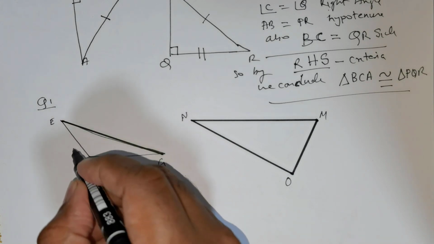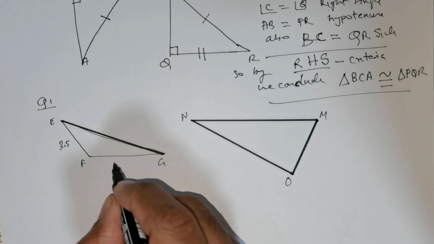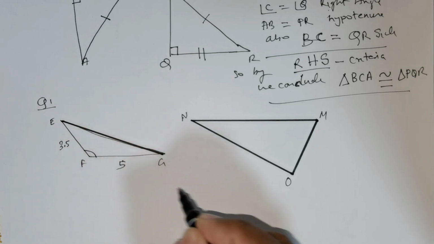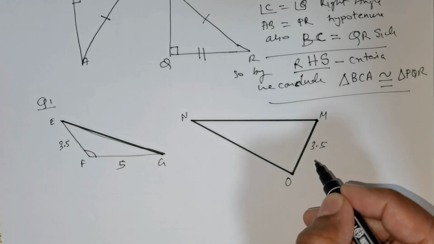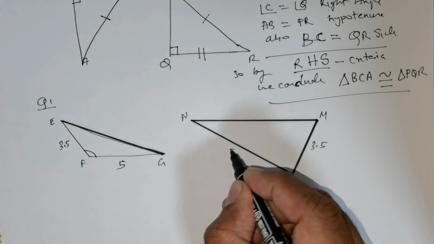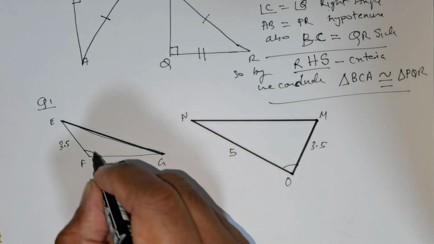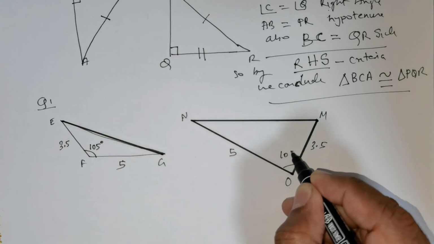So you got, say, 3.5, and you got a triangle there. You got a 5 here and 3.5 there, and you got a 5 here and you got an angle here, and this angle is given to be 105 degrees and 105 degrees.